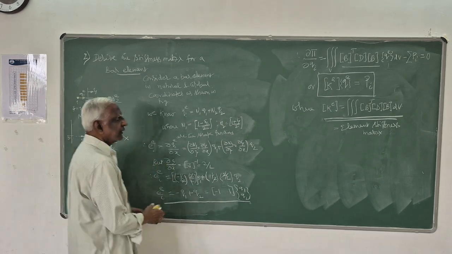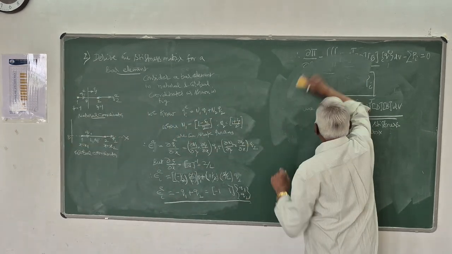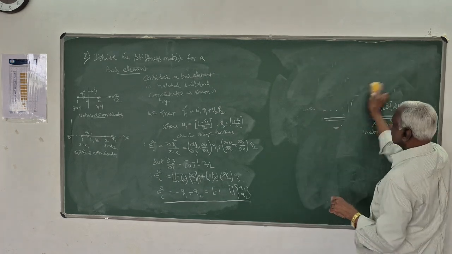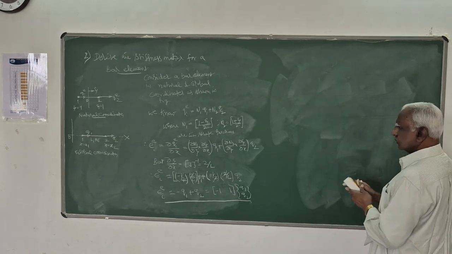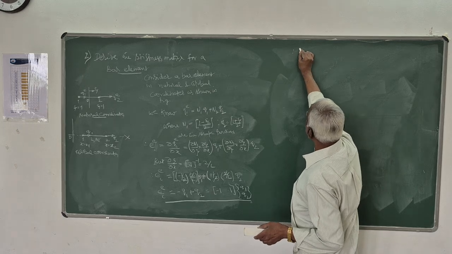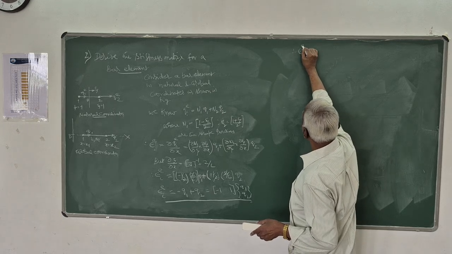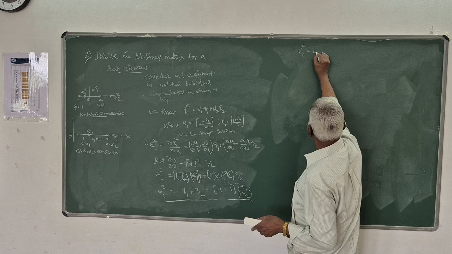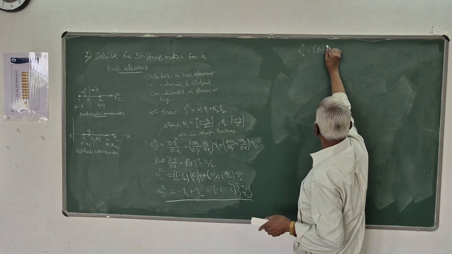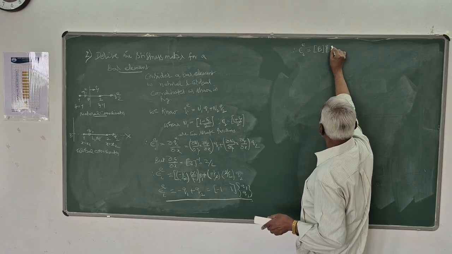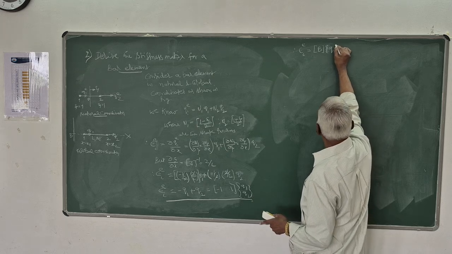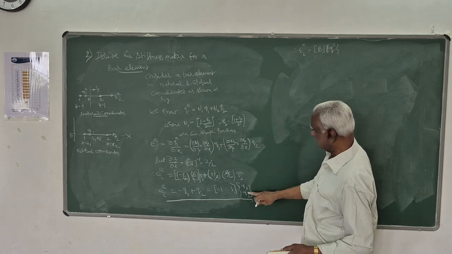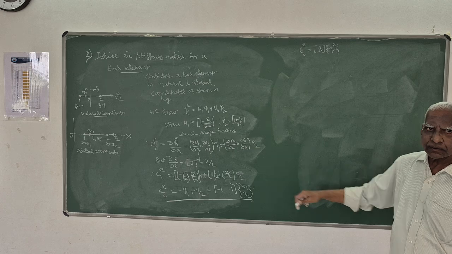So epsilon is equal to B d. Therefore, epsilon of the element is B into q e, where q e of the element is q1, q2.